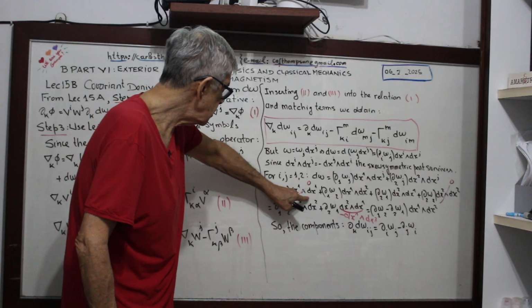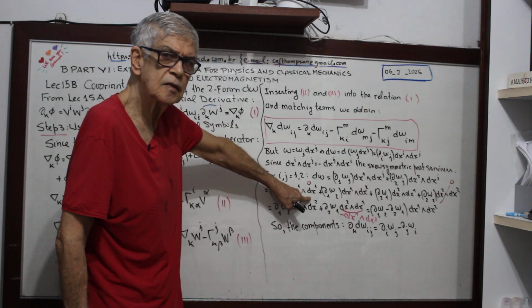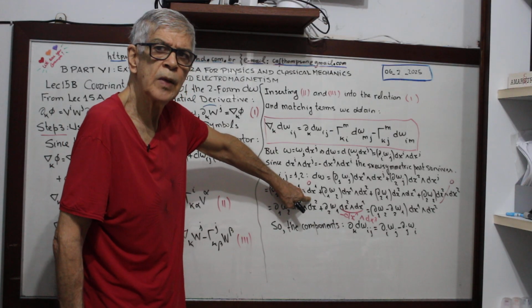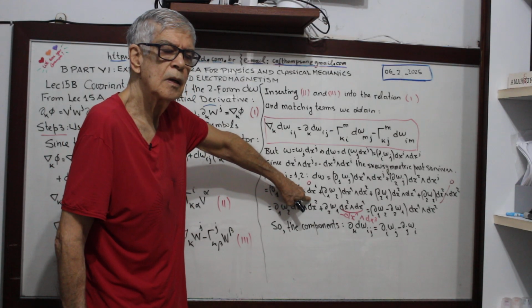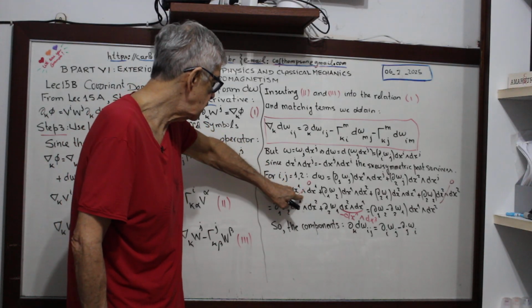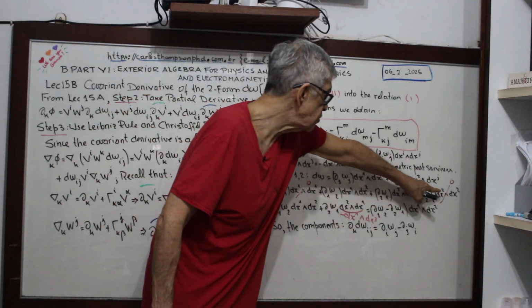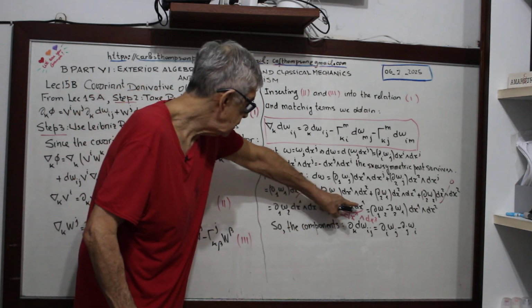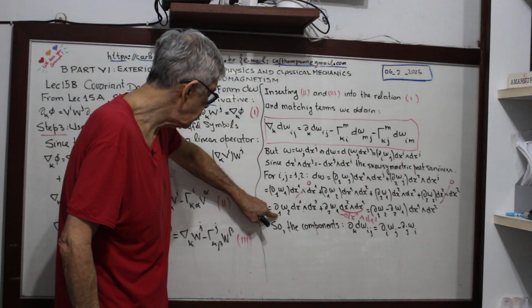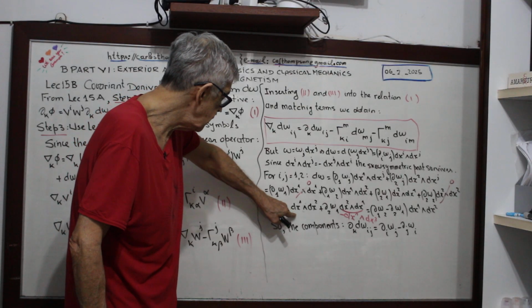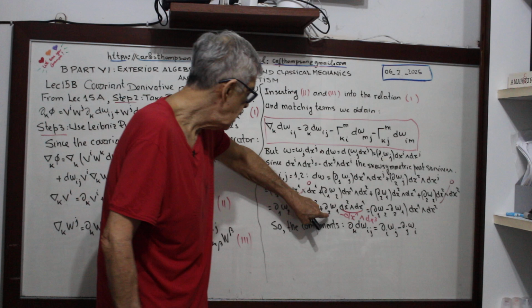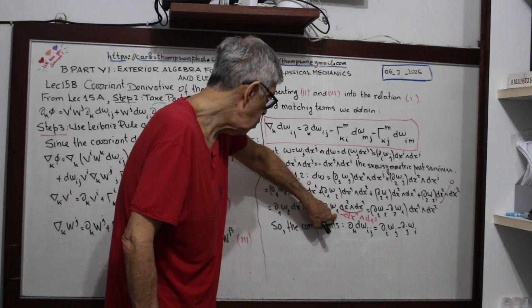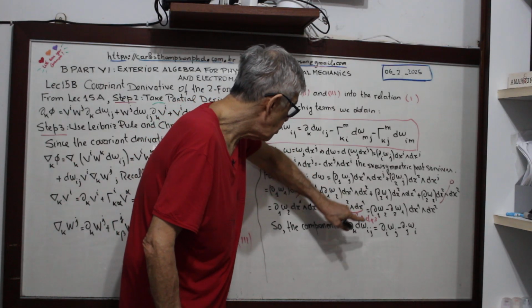Now, this one is 0 since the wedge, okay, dxi, dxj, they are skew symmetric. So this is 0, and also the last one is 0. So this leads to this relation here, partial 1 of omega 2 dx1 dx2 plus partial with respect to x2 of omega 1 dx2 dx1.